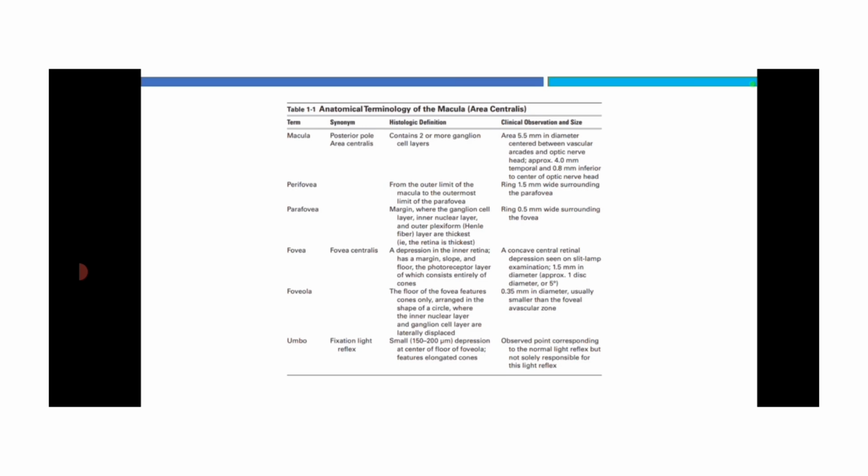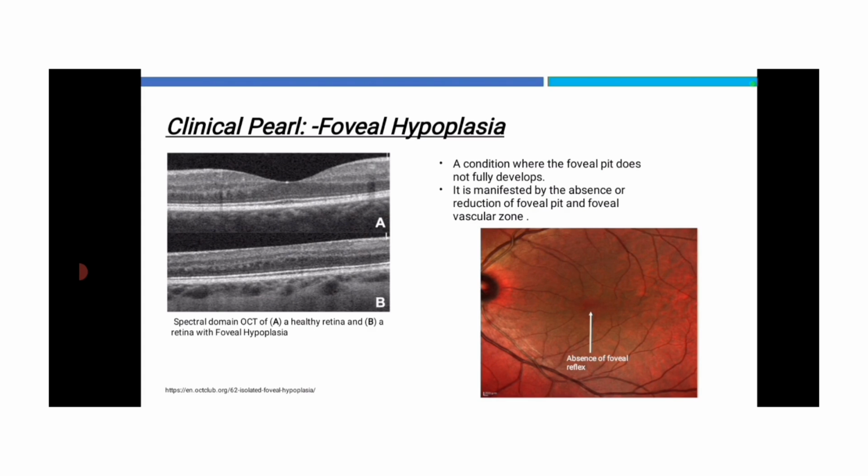This is a chart which is showing a summary of the different layers that we have read in the central retina. Coming to the first clinical pearl of this presentation, that is foveal hypoplasia. It is a condition where the foveal pit does not fully develop. It is manifested by the absence or reduction of foveal pit and foveal avascular zone.